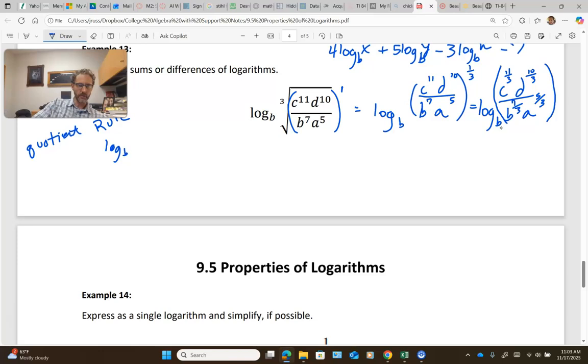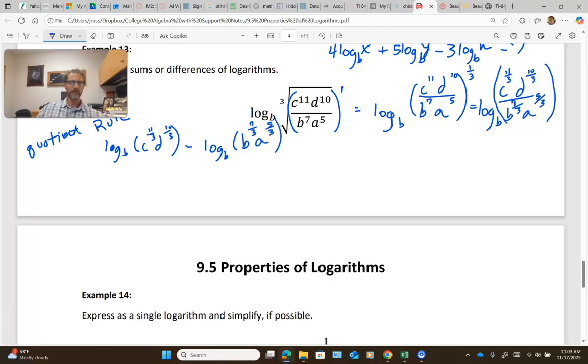So this will become log base b of this numerator right here, c to the 11/3 times d to the 10/3, minus log base b of the denominator, which is b to the 7/3 times a to the 5/3.